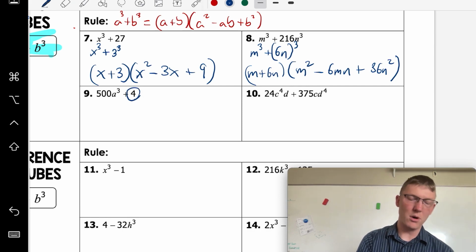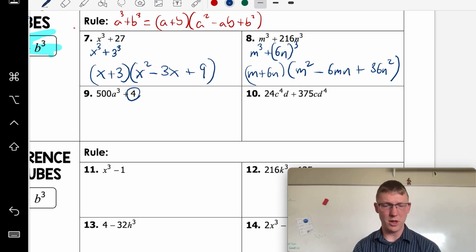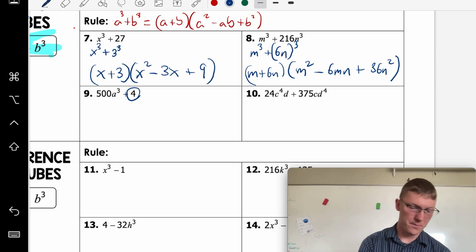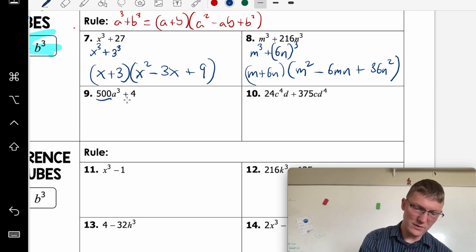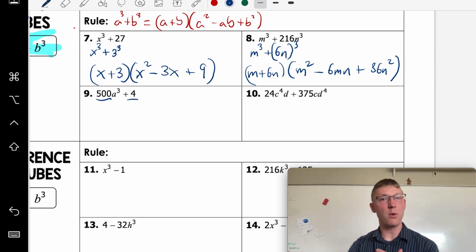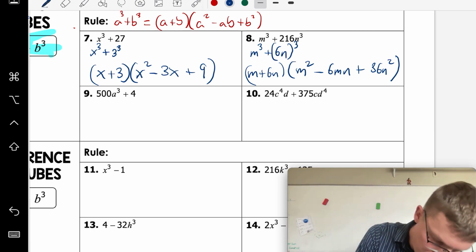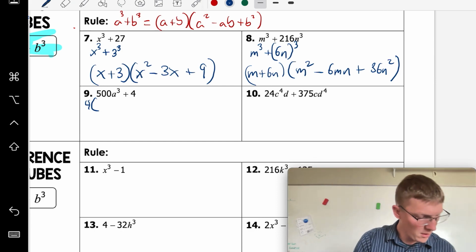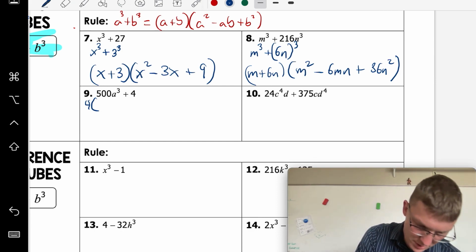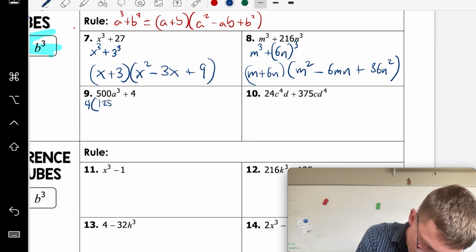I see 4, and 4 is not a sum of cubes. However, 4 is divisible by 500. So step 1 in factoring, always pull out the greatest common factor. So we're going to pull a 4 out. 500 divided by 4 is going to be 125 a cubed plus 1.